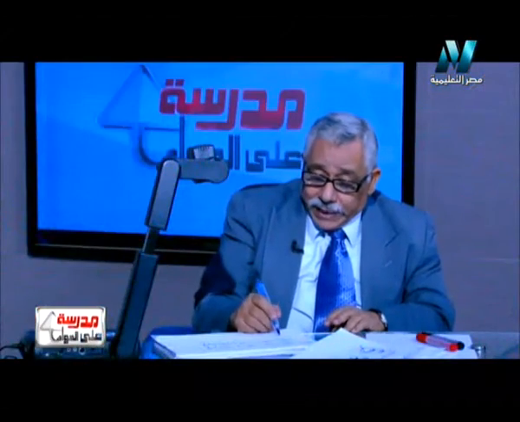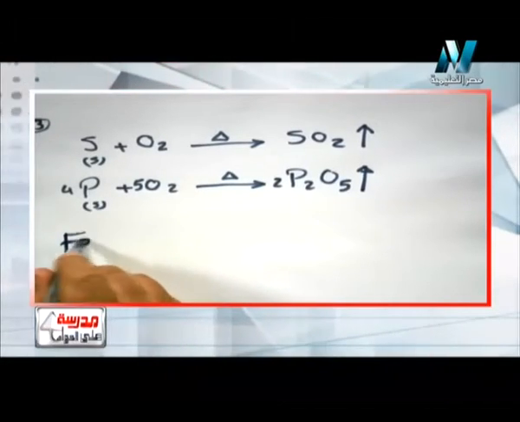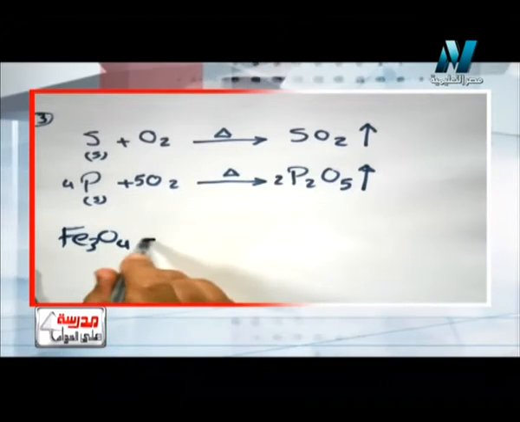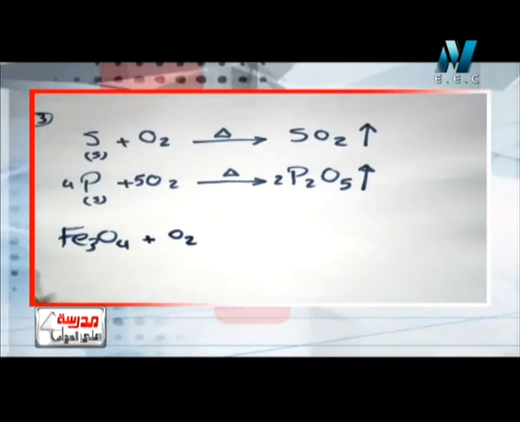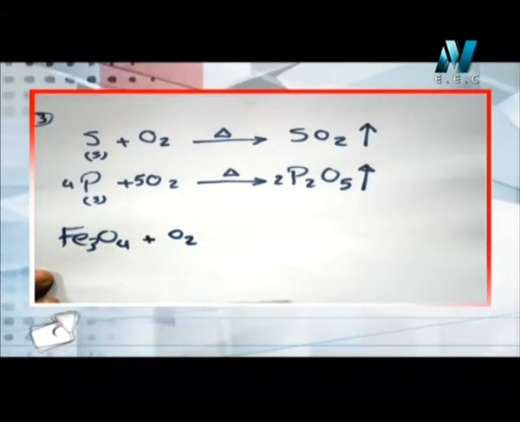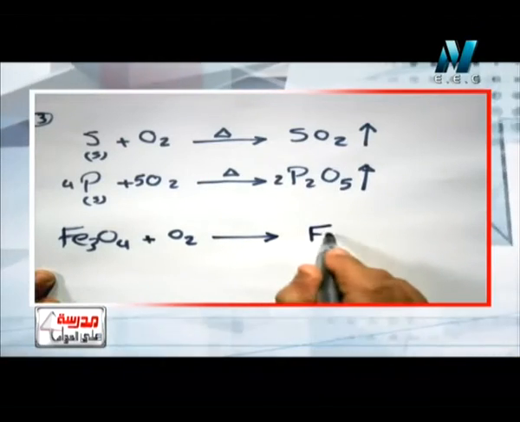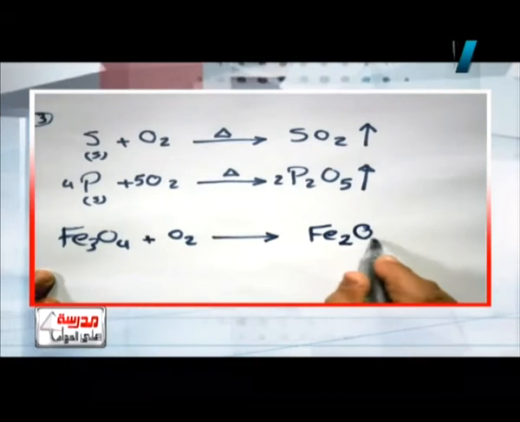Could we make a map about only one point? Okay. If this ore is Fe3O4, magnetite or black oxide, by strongly heating and oxidation it is also converted into Fe2O3.